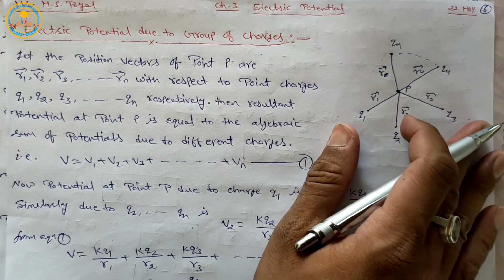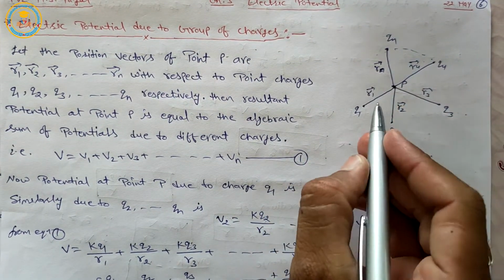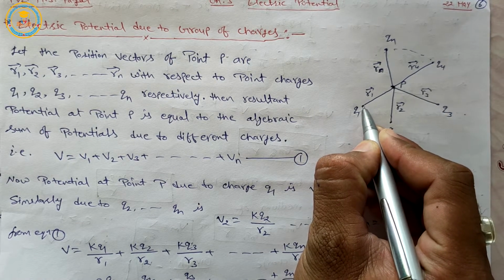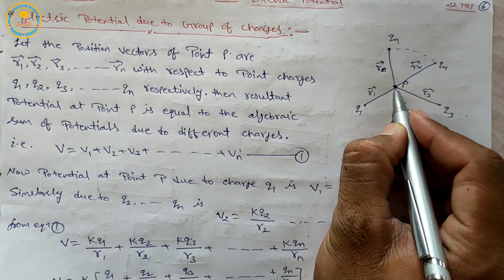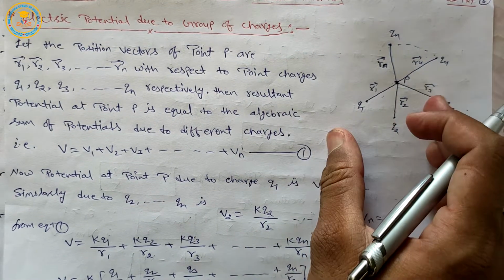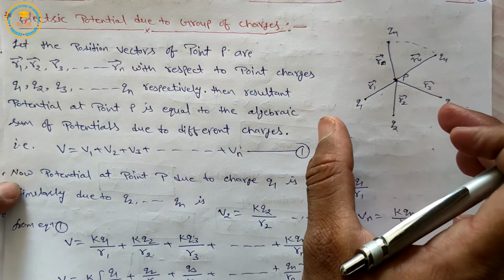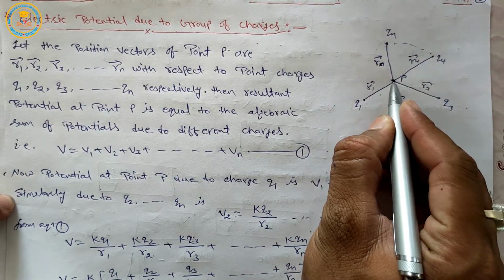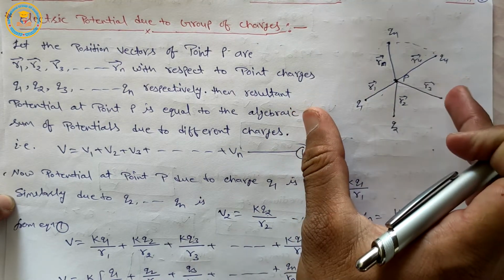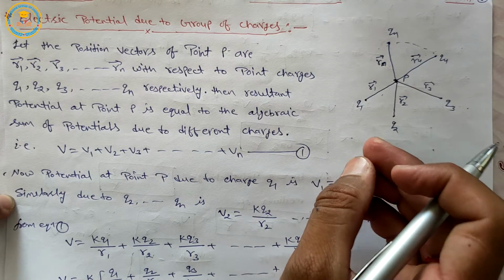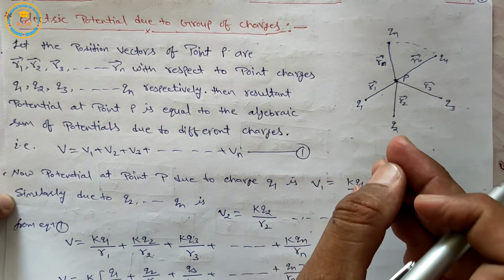Okay. We know that the electric potential due to a single charge at point P is equal to KQ upon R. But here we have a group of charges, so the resultant potential at point P is equal to the algebraic sum, because electric potential is a scalar quantity.